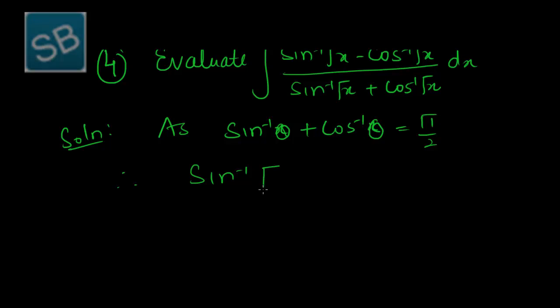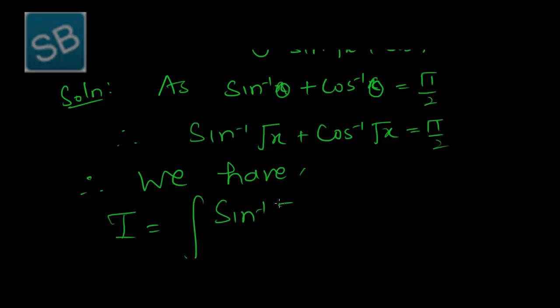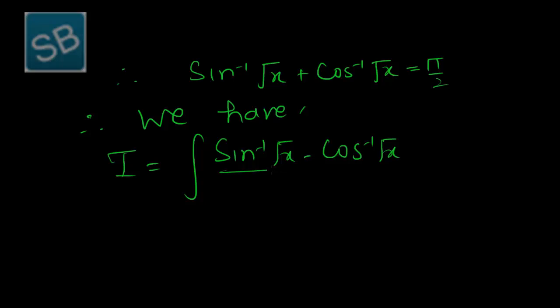Therefore, sin inverse root x plus cos inverse root x is equal to pi by 2. Therefore, we have I is equal to the integral of (sin inverse root x minus cos inverse root x) over pi by 2 dx.